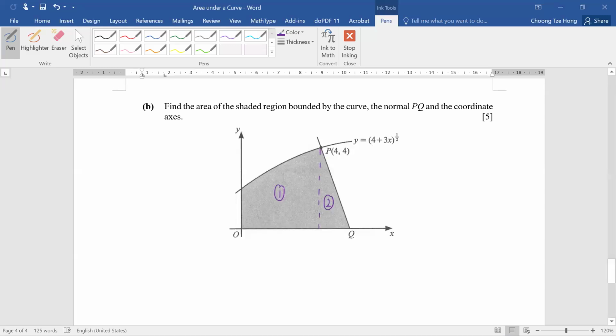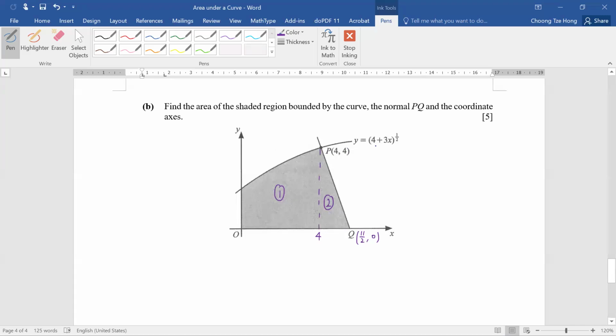For region 1, we're going to integrate under the curve from 0 to 4. For region 2, it's just a triangle, so we can use half times base times height. Remember, we have already found the coordinates of Q to be 11 over 2, 0, so we can find the base length, and the height will just be 4.